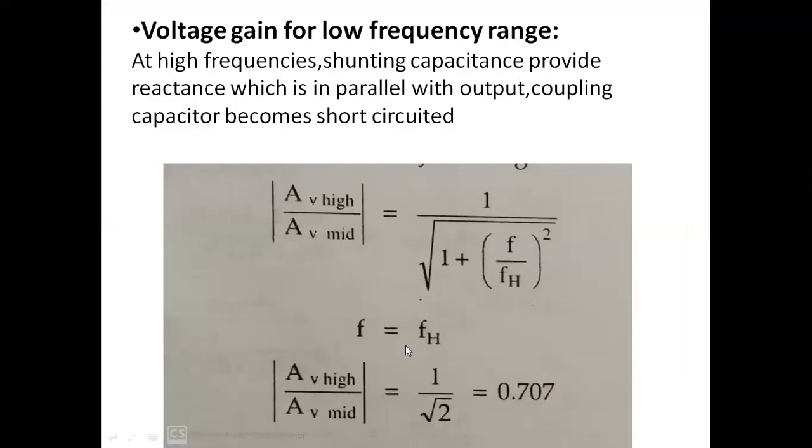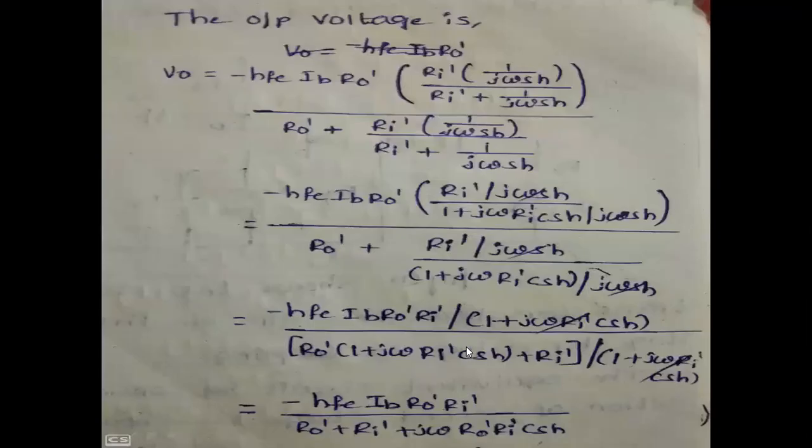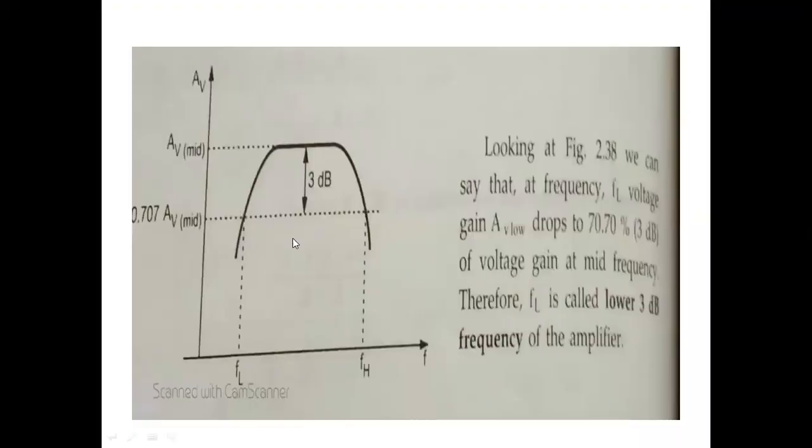So at f equal to FH, the gain becomes 1 by root 2, that is 0.707. So from this equation, we can say that at higher frequencies the gain is reduced by 1 by root 2 times from its maximum value, or from its mid frequency gain. And if you draw the frequency response, then we have the response like this.